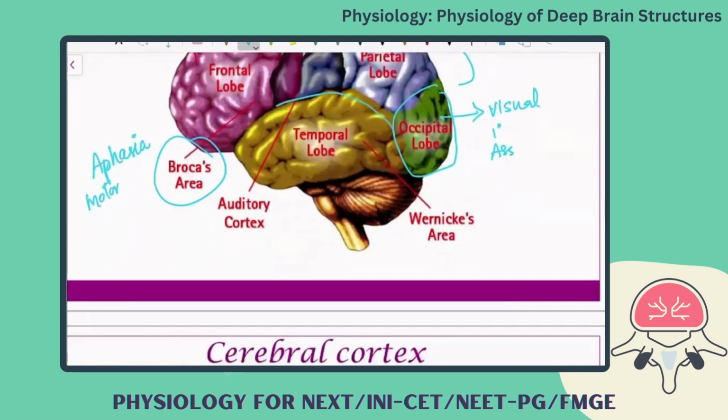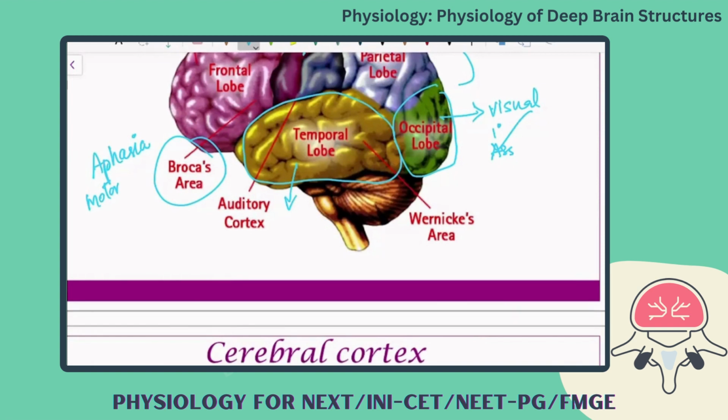And the last one is the temporal lobe. This temporal lobe is mainly responsible for what kind of functions? Just now I said occipital is for vision. Temporal lobe is for auditory, and also for emotional signals, emotions, since the limbic lobe is present. So you will also have the emotional functions.